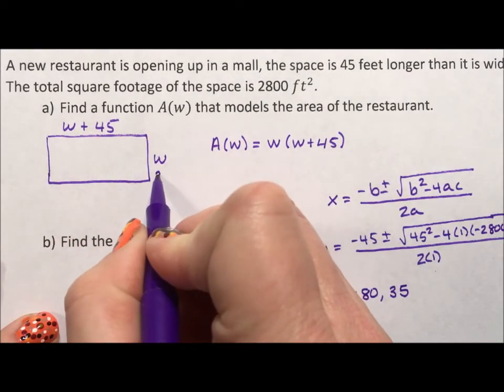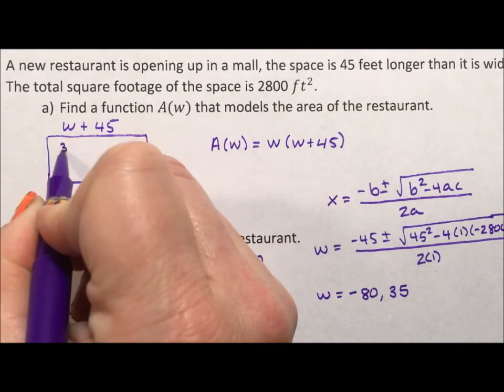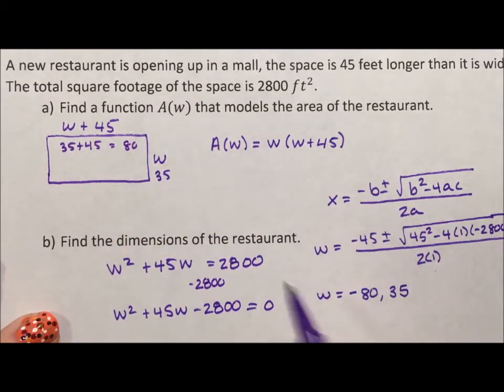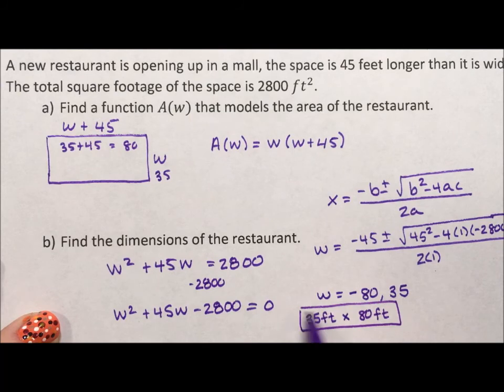If this is 35, then 35 plus 45 is 80. And if we want to know the dimensions of the restaurant, it's 35 feet by 80 feet. It's a coincidence that those two are 80, for the record.